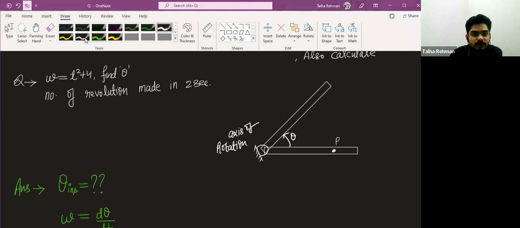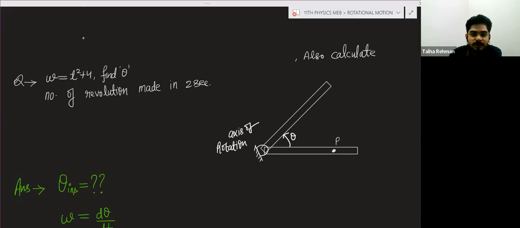Find theta in between 0 to 2 seconds. So we have to find the angular displacement, that is, how much will be the angular displacement in time 0 to 2 seconds.